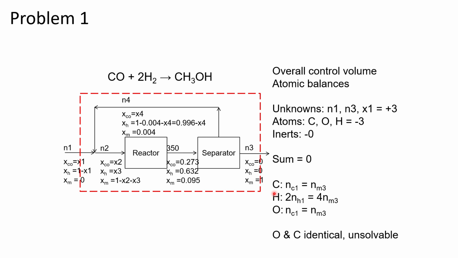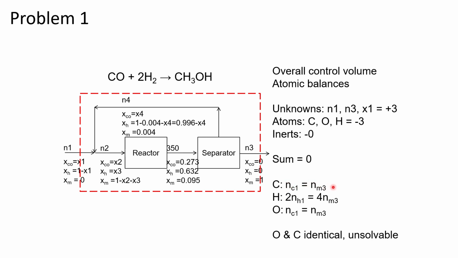To do that, let's do a carbon balance. We agreed that we're going to be doing atomic balances for the overall control volume as well as the reactor control volume. So we're going to count the number of atoms of carbon that enter and set it equal to the number that exit. There's only one stream that enters, that's the stream over here, and there's only one species in the stream that contains carbon in it, and that's the CO. So if we know the number of moles of carbon monoxide that enter, that's what this NC1 is going to represent here, and multiply that by 1, that's the number of moles of carbon that enter.